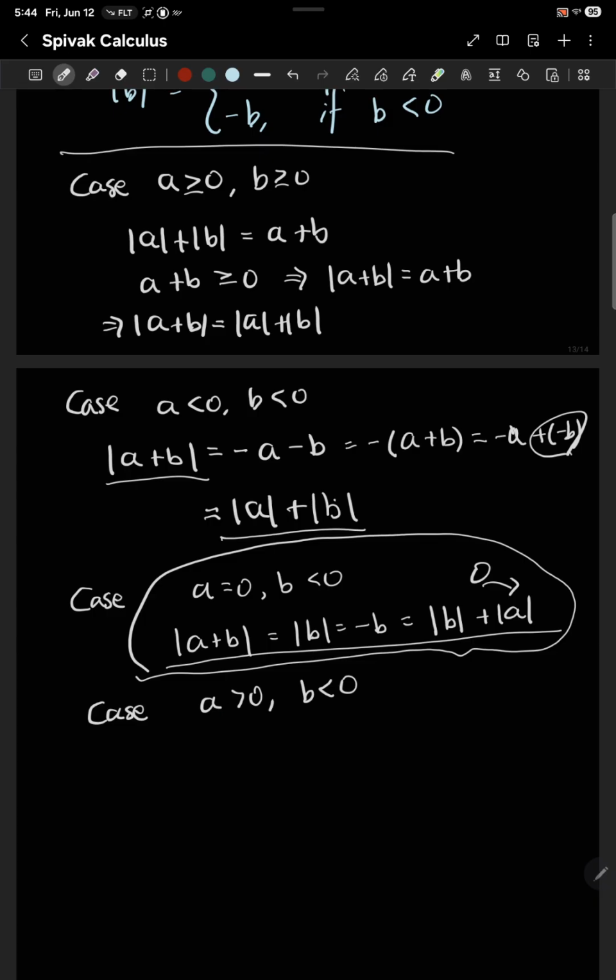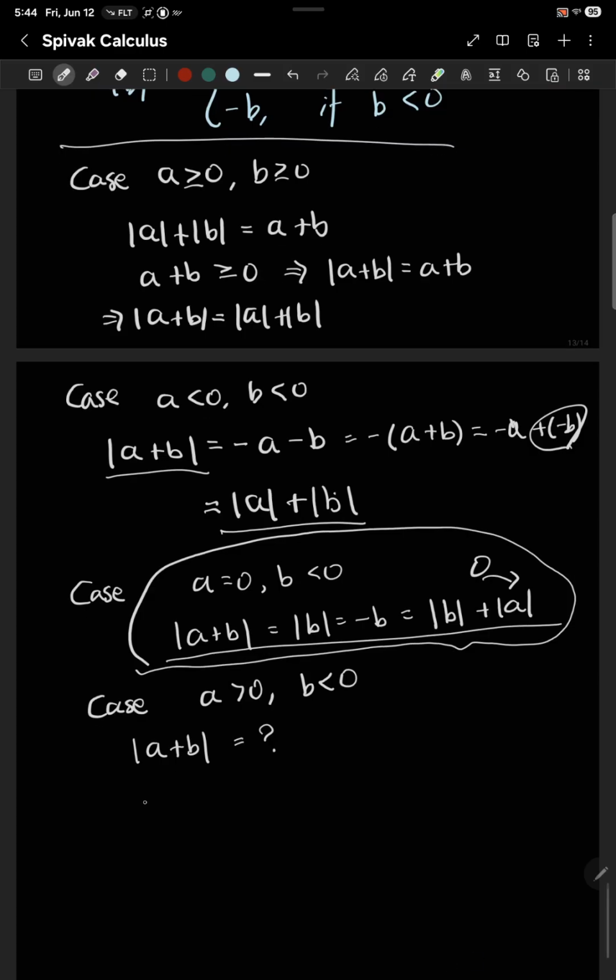When a is positive and b is negative, how do we deal with this? Let's see. a plus b is equal to, we don't know what it's equal to, so I put a question mark. But we know the absolute value of a is equal to a, and the absolute value of b is equal to negative b, right?